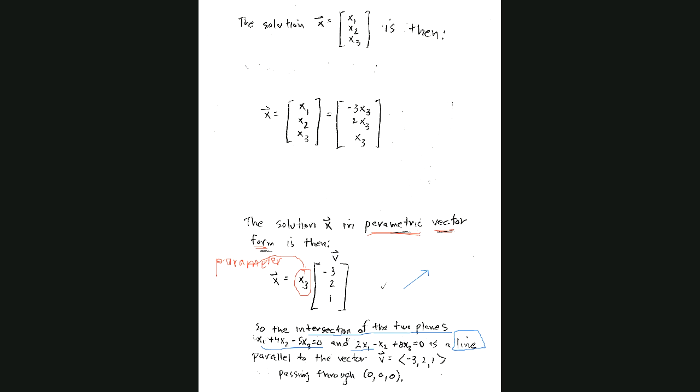I'm going to call this vector v, and I'm drawing it from the origin. So I'm geometrically looking at the parametric vector form of the solution, trying to describe this line.